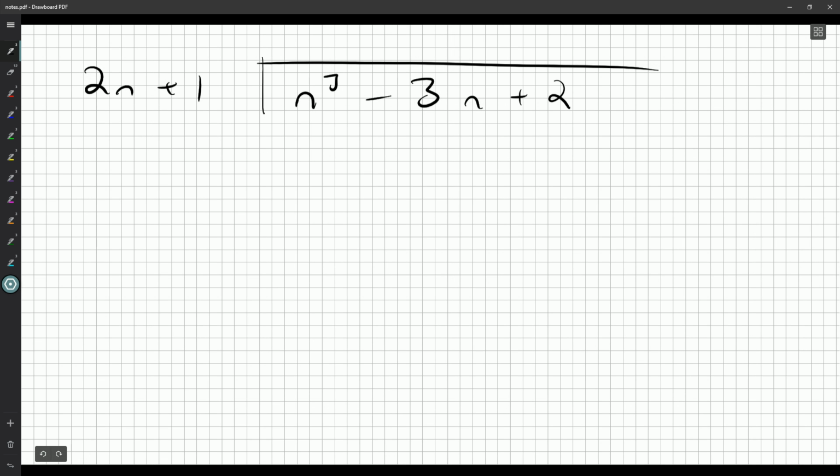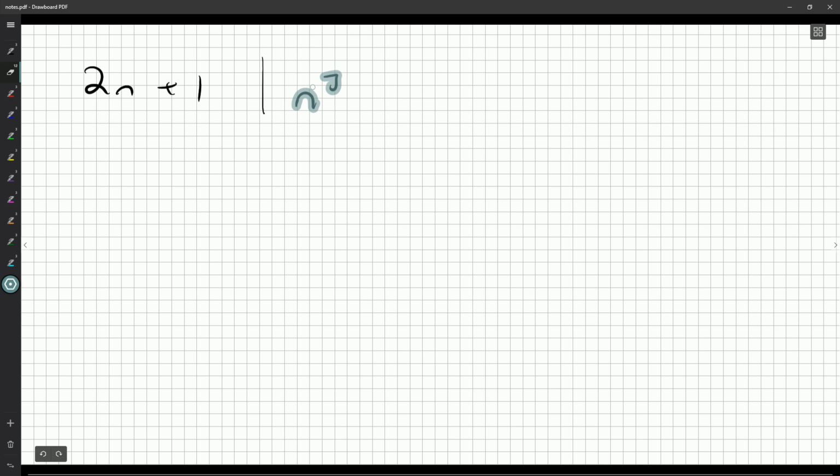You might say, how many times does 2n go into n cubed? Well, a half n squared. But we don't want to start using a half because then we're going to lose all the nice integer work. Additionally, you want to properly do your long division, so you should line things up properly.